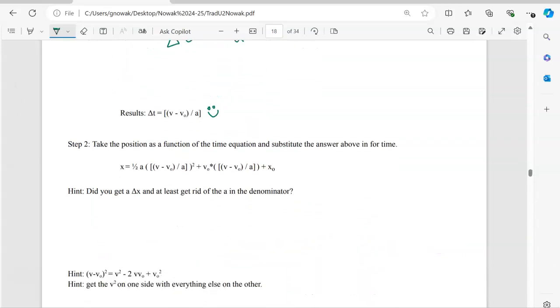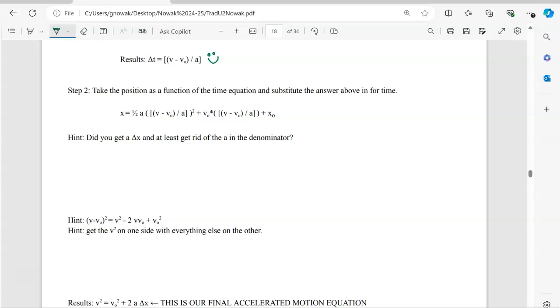Next thing we are going to do is we will take our position as a function of time equation, x equals 1/2 a t squared plus v naught t plus x naught, and we are just going to replace everywhere where we see a t with our thing we found in the previous step.